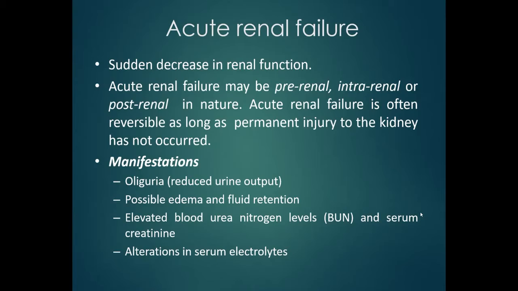The main clinical manifestation in acute renal failure is reduced urine output, that is oliguria. There may be edema, that is swelling, or fluid retention, or a high level of urea and creatinine in your serum, and even an alteration in serum electrolyte values.